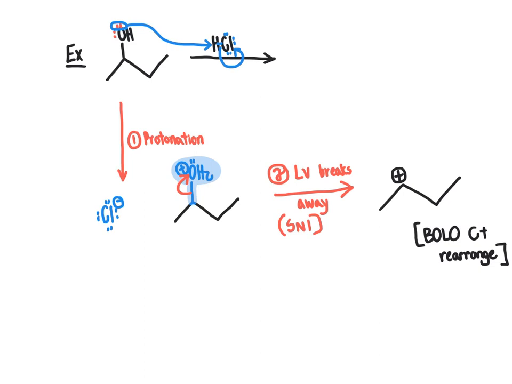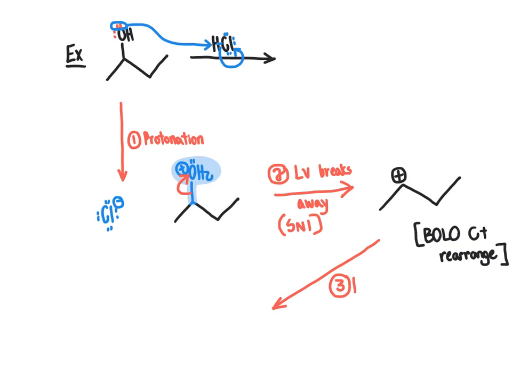Thinking about what we know about nucleophilic substitution reactions and carbocations, a common thing we have seen in the past is that when we generate a carbocation intermediate, it gets attacked by a nucleophile. And that's exactly what's going to happen here. We look around at what we have available to be the nucleophile, and what we see is that we have chloride anion, which is certainly a very capable nucleophile.